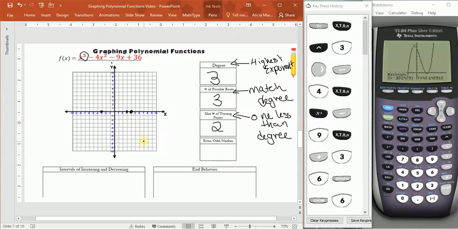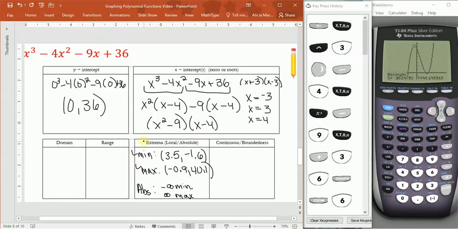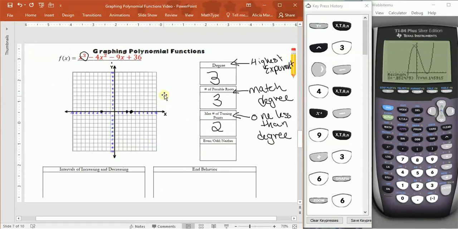And then we said our minimum was at the point 3.5, -1.6, so we can actually graph that one, something around right there. So I know my graph's going to do something like this, connecting all the dots, of course, better than I can do. Now I have a graph.